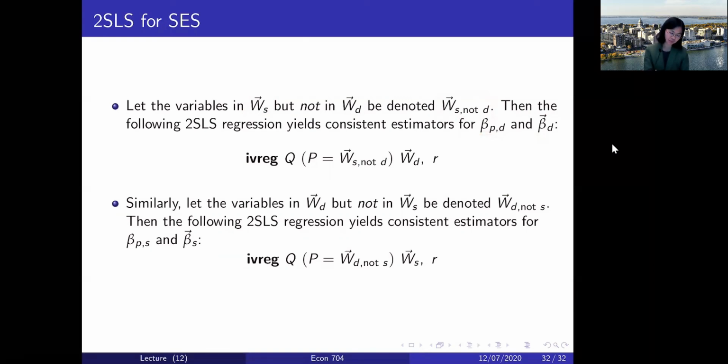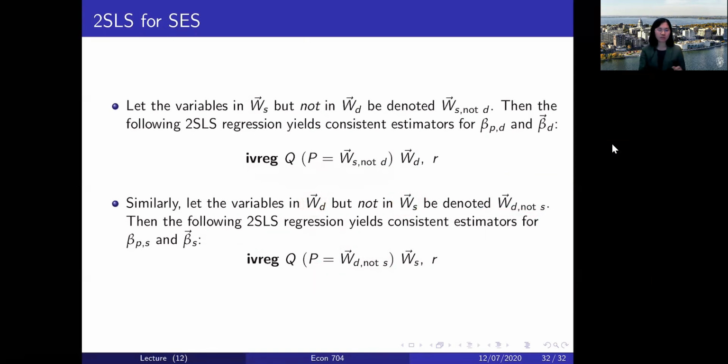So what we do is to IV regress Q on P using the excluded supply shifters as the instrument, controlling for the demand shifters. And analogously, if you want to estimate the supply equation, you're going to need variables in the demand shifters but not supply shifters. Use those variables as the instruments for P. So you need demand shifters that are not supply shifters to instrument for the P in the supply equation.